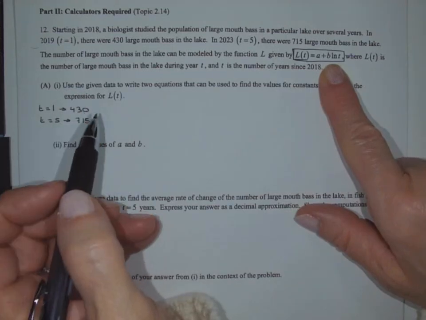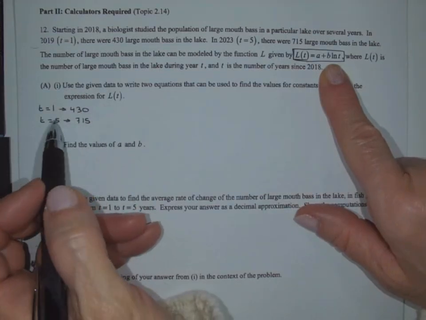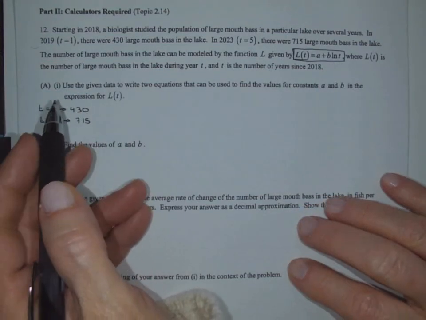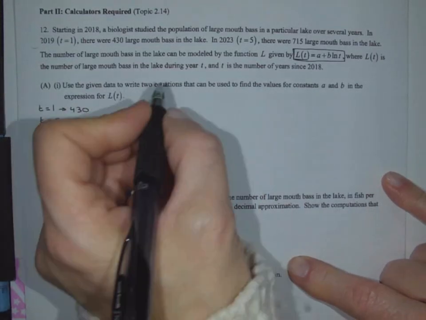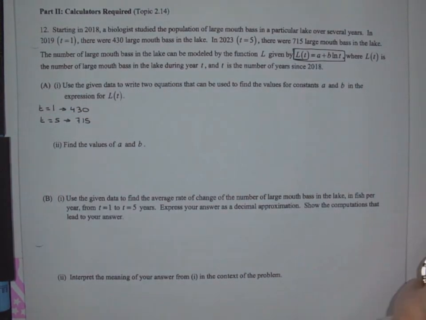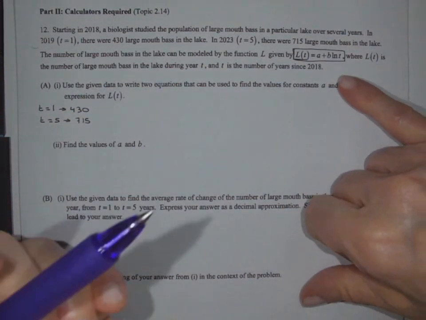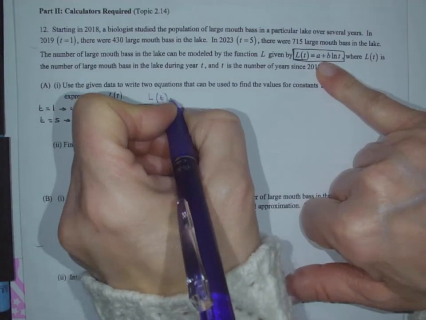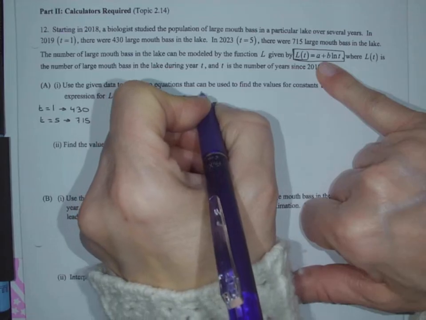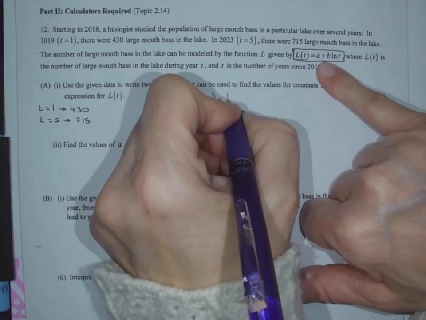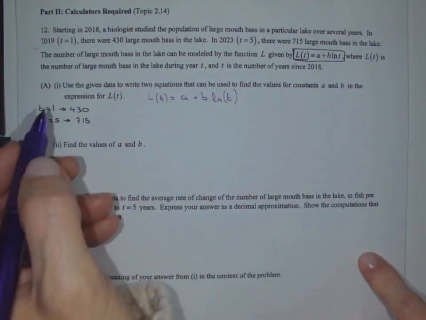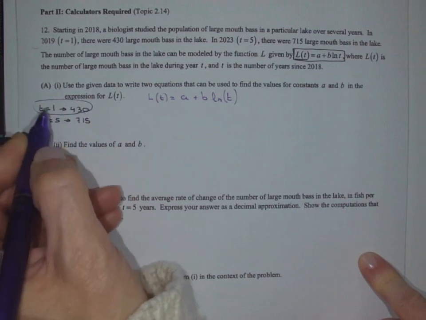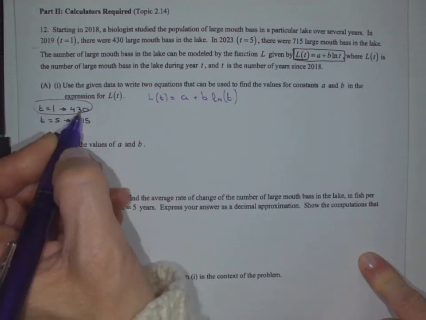Okay, so we're going to have to build that using what they give us here. Let me use a different color so we can see it better. I'm just going to write down my equation first. Then I'm going to use my first point. t is 1, and the L of t, my output, will be 430.